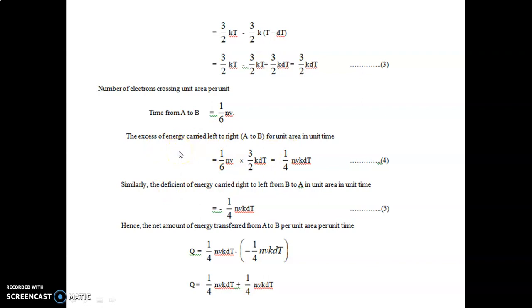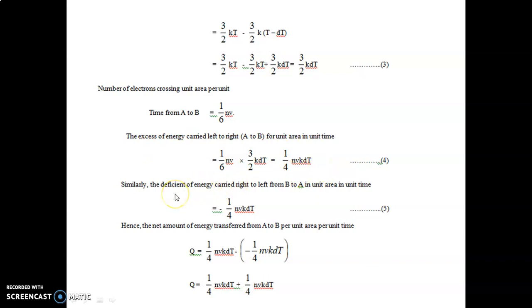Whenever we calculate energy transfer from cold end to hot end, that is cross section B to A, that energy is called deficient of energy. Now we have calculated the energy transfer from cross section A to B, that is, the excess energy.